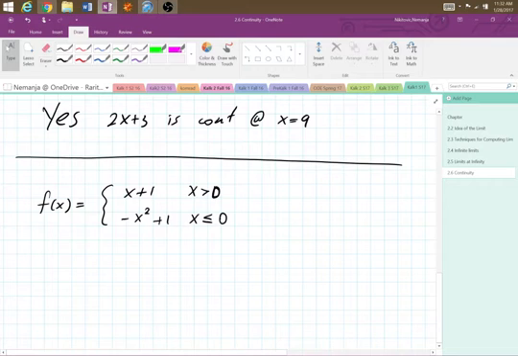So this is called a piecewise function. It has two pieces, a linear piece and a quadratic piece, and they may or may not connect at the same point, right? One could be above, the other one below. They're definitely not going to be stacked on top of each other because you can't do that in a function.